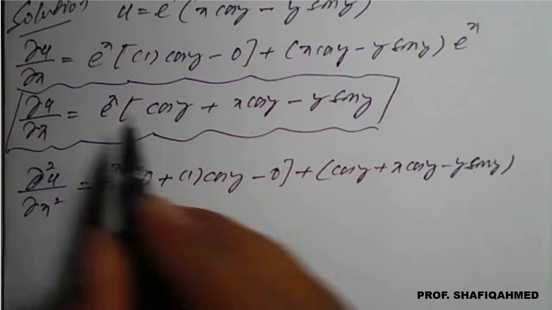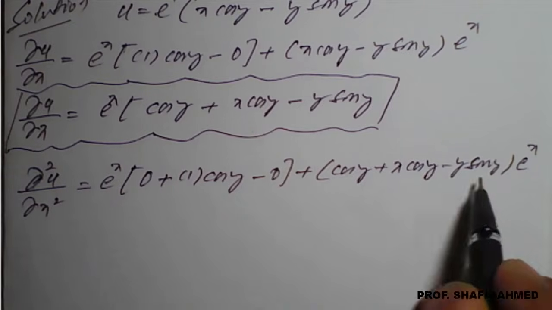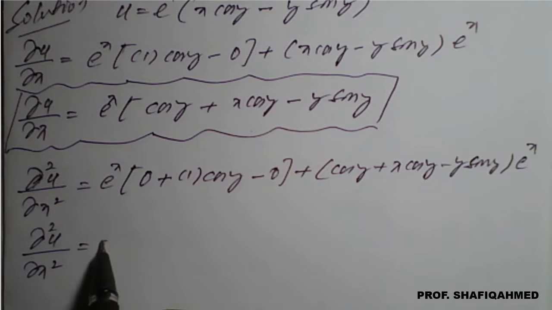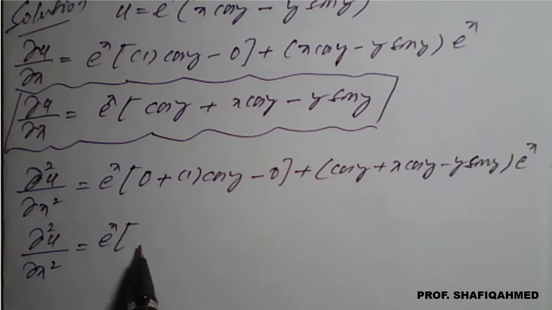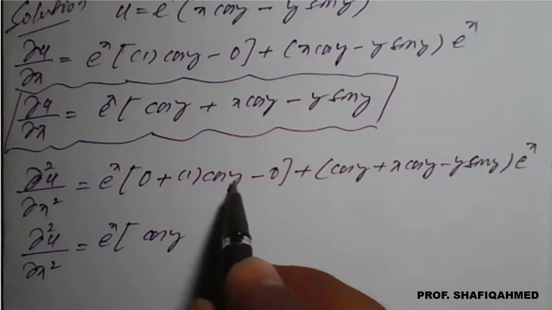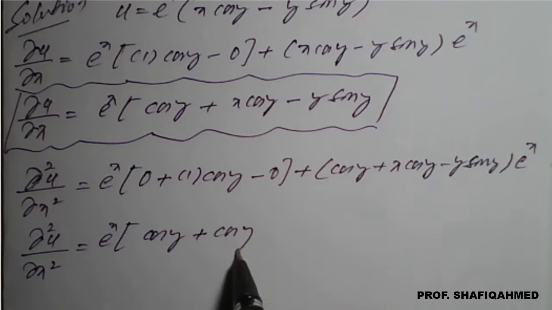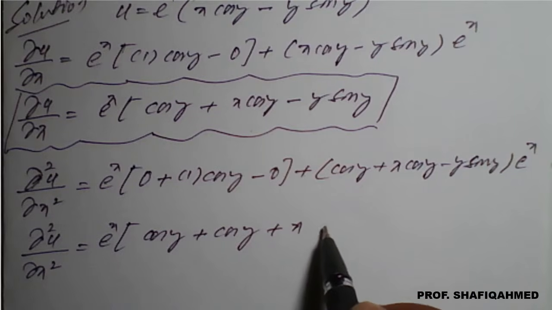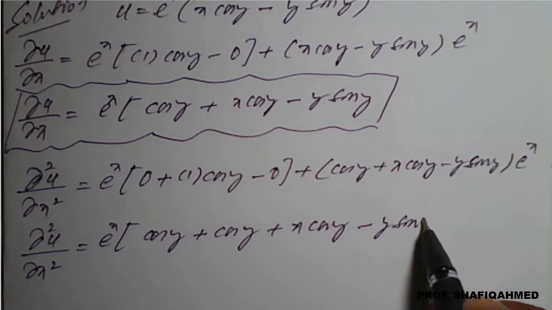The partial derivative of e raised to x with respect to x is again e raised to x. So again take e raised to x common and rewrite all the things. So dou square u upon dou x square is equal to, if you take e raised to x common, 0 leave it, 1 into cos y is cos y, then there is 0 leave it, so plus cos y, plus into plus is plus x cos y, plus into minus is minus y sin y.